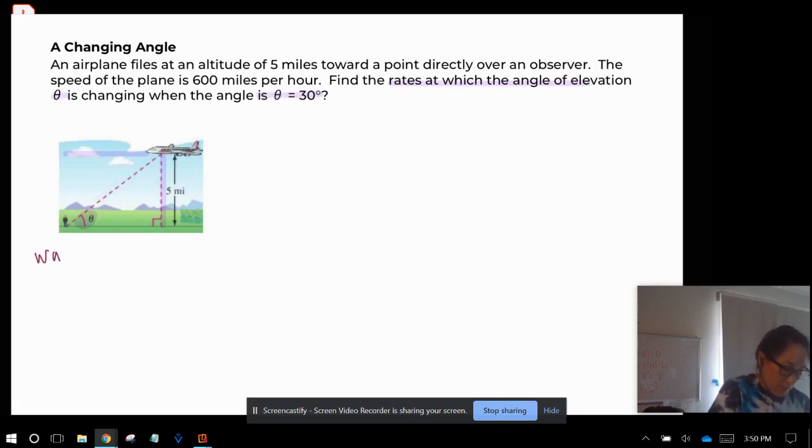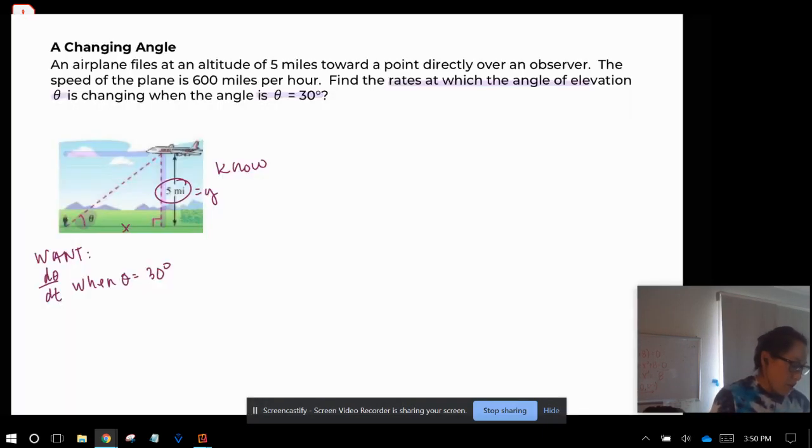We want d theta dt when theta is equal to 30 degrees. We know that the plane is 5 miles above us. We also know, I'm going to call this length x.